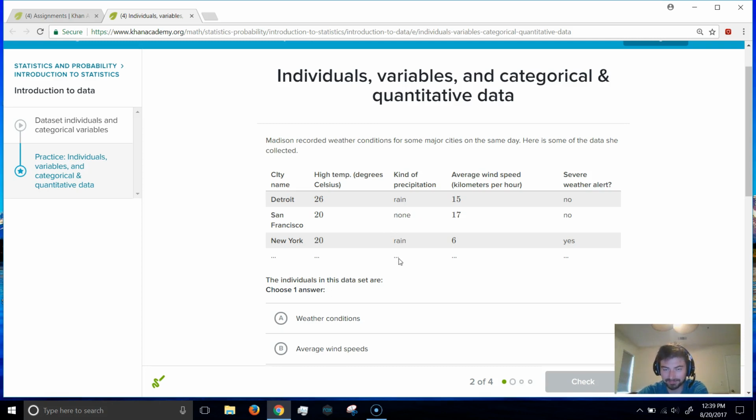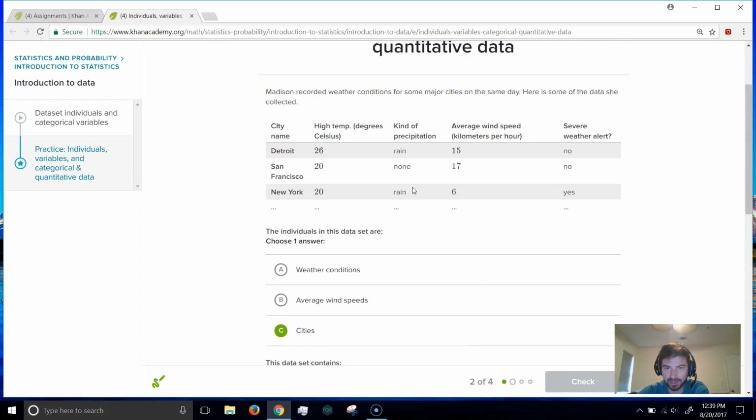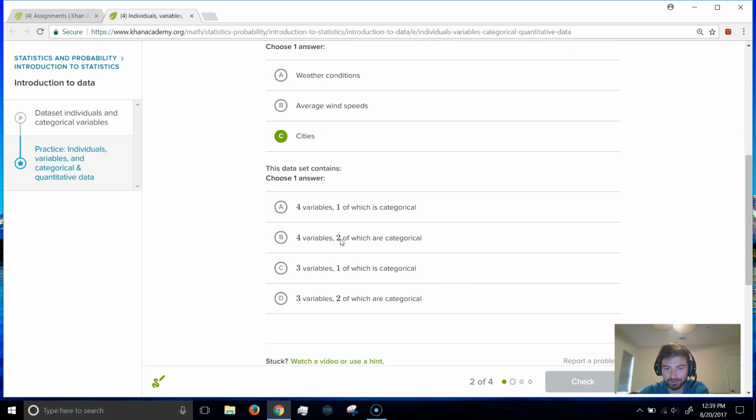So this is a category. Severe weather alert's also a category, yes or no category. So we have two categorical variables and two quantitative variables. Okay, and one's categorical, so there's 4 variables, 2 of which are categorical.